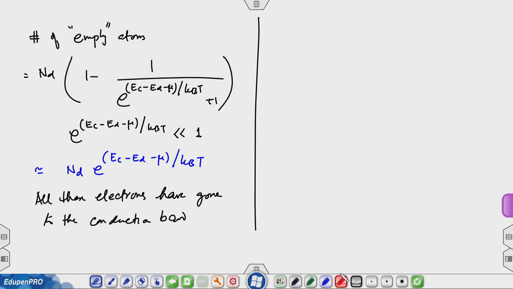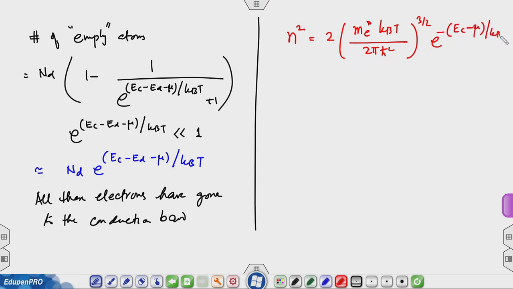And therefore, n square is going to be equal to 2 m e star k b T over 2 pi h cross square raised to 3 by 2 e raised to minus E c minus mu over k b T, times N d e raised to E c minus E d minus mu over k b T. It is exactly the same calculation that we had done earlier in the case of intrinsic semiconductors, and this can be written as N 0 N d e raised to minus E d over k b T, where N 0 is that 2 times the factor and all that.